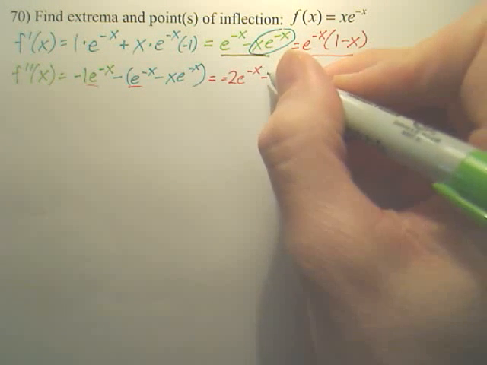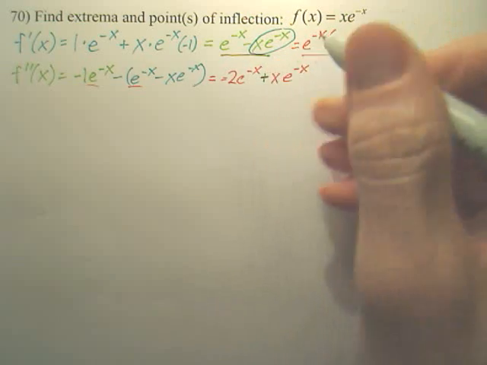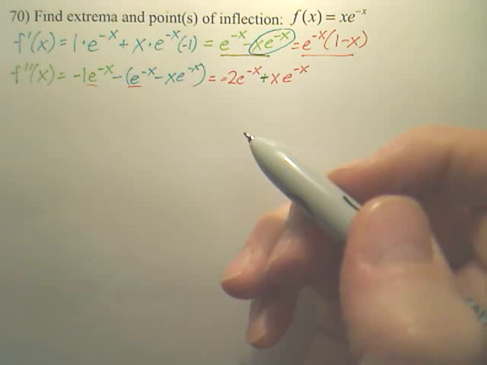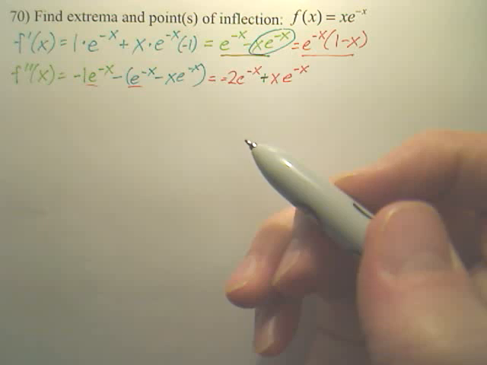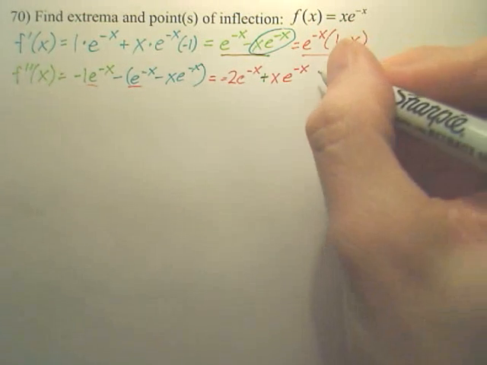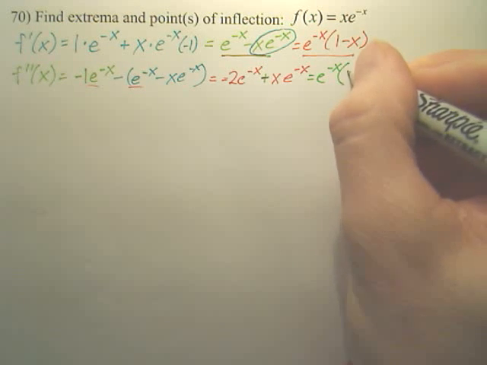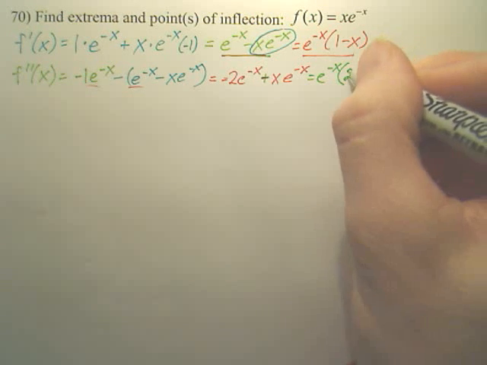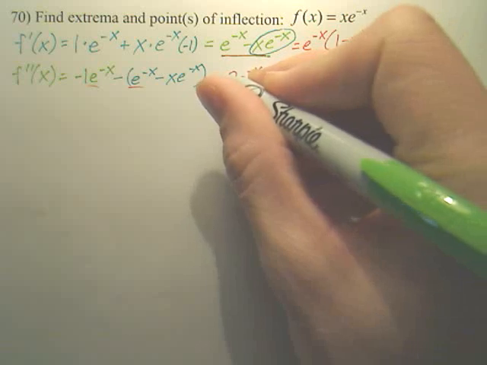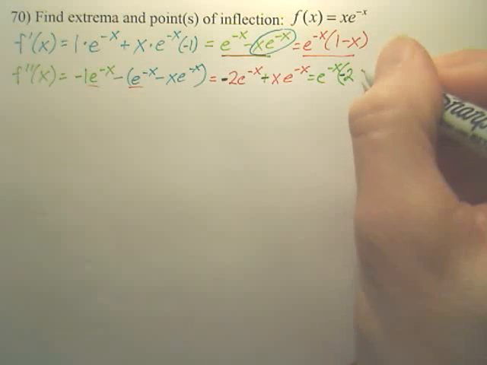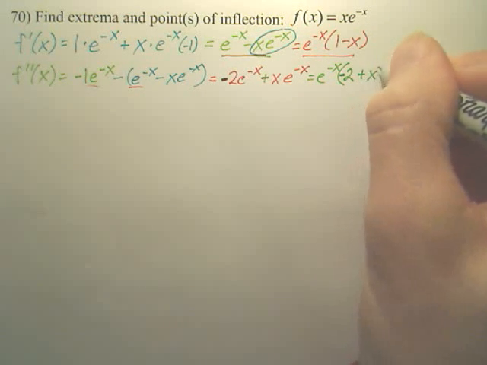Wouldn't this be plus? Because this minus distributes. Is that right? I think so. And then we have now e to the negative x, GCF is negative 2. So it would be negative 2 plus x.